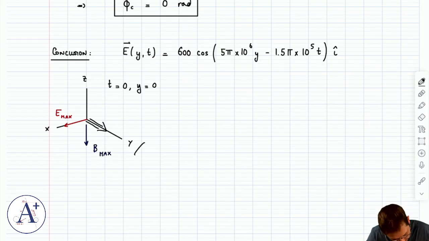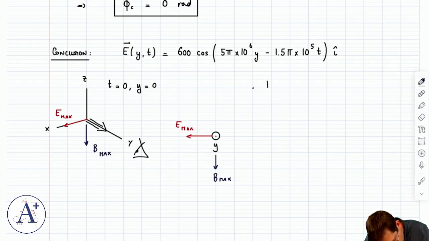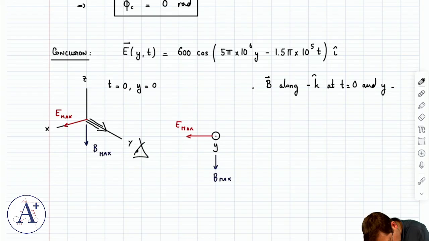If it doesn't make sense, you can look at it from here. Okay, you can have y is the direction of propagation coming at you. Okay, the only way that my forefinger along E max and my middle finger along B max gives me my thumb out of the page is if B max points down. Okay, so B is along minus k hat at t equals 0 and y equals 0.